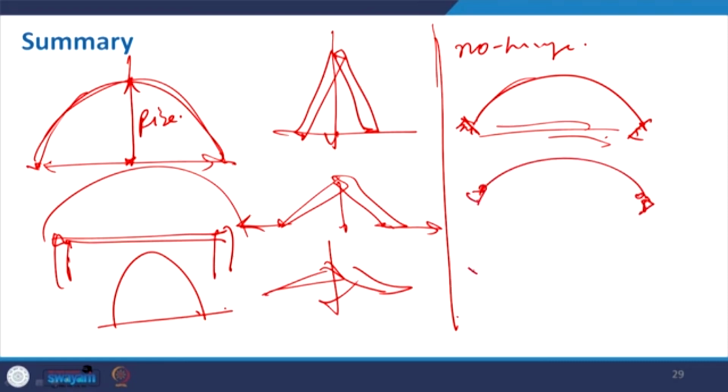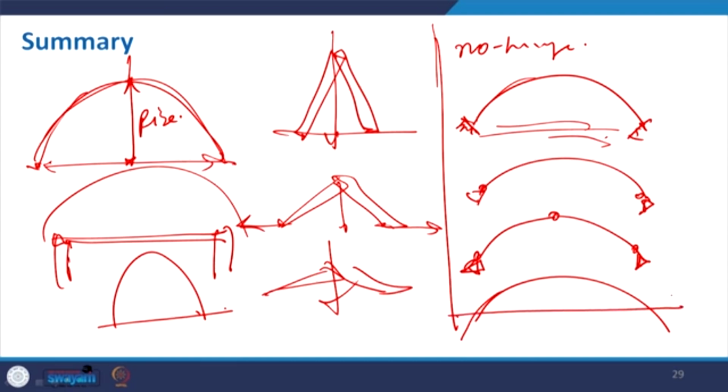Compared to that, when we have again a pin in between, it is converted to a three pin joint. We also have some bridges where the arch is tied with a horizontal member.